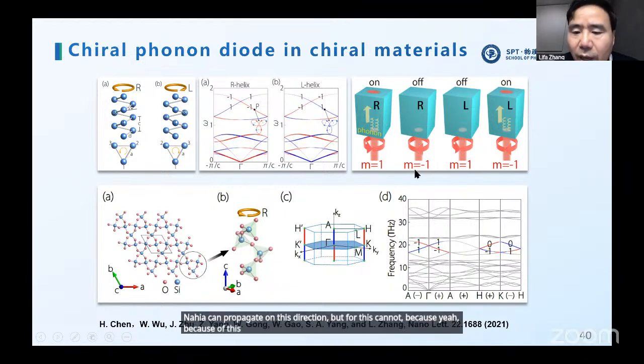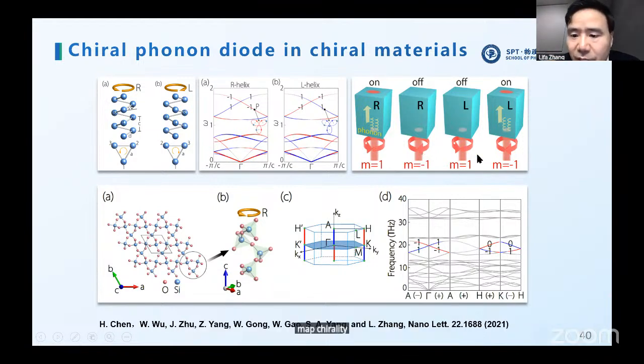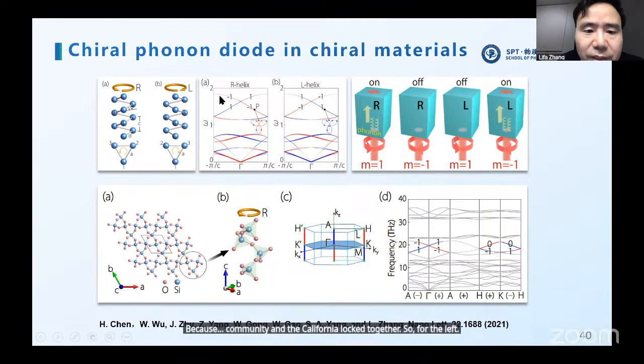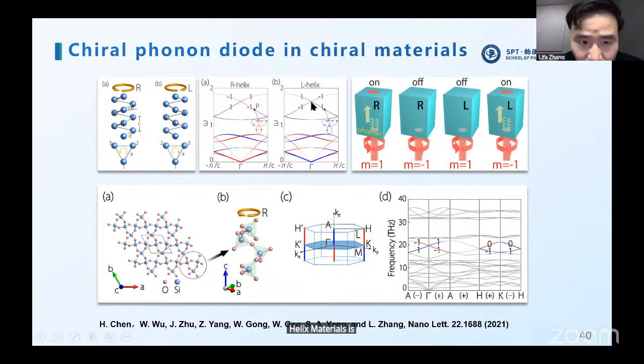This is because when the material's chirality changes, the chirality and the kind of phonon are locked together. For a right-helix material the right-handed phonon has positive velocity, and for a left-helix material the left-handed phonon is positive.